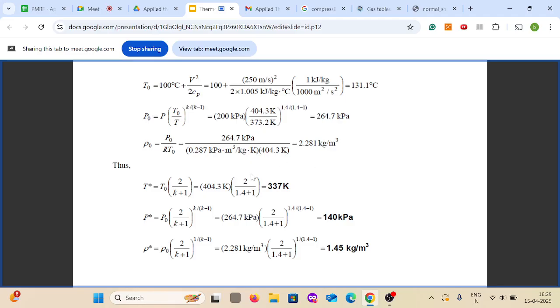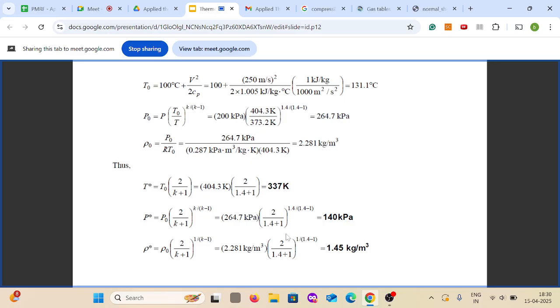Now we use the same expression for finding the critical temperature. T star is T naught times 2 by (gamma plus 1). So T naught is 404.3, and 2 divided by (1.4 plus 1) gives 337 Kelvin, the critical temperature for air. And similarly for P star, it is P naught into (T naught by T) raised to the power gamma by gamma minus 1.